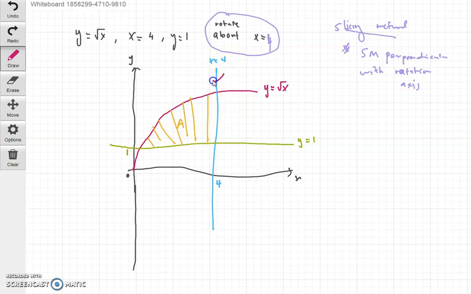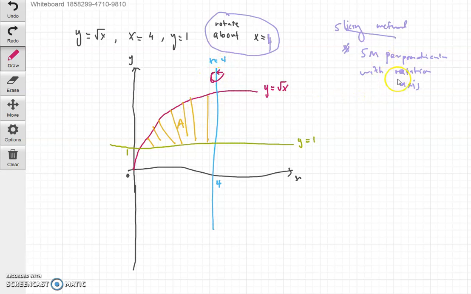So here we are going to rotate our slicing part about x equals 4.